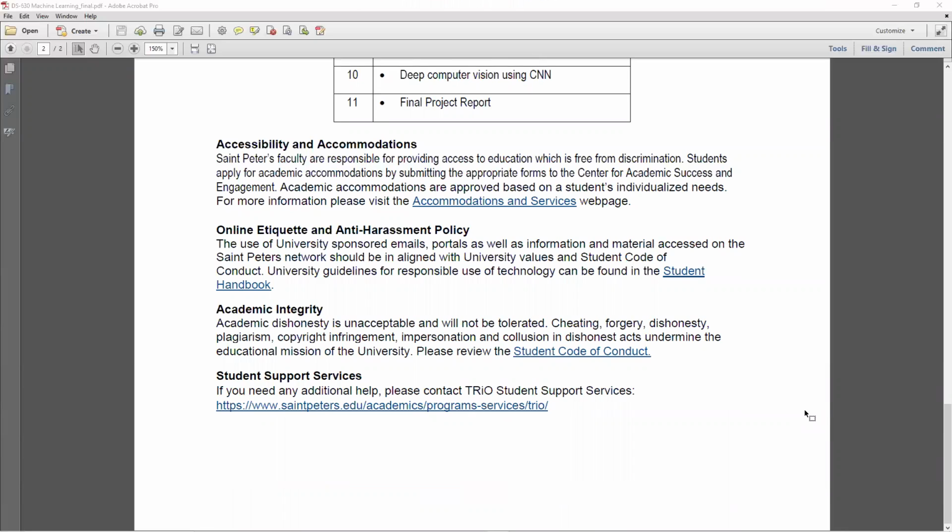So here are the basic rules for the school. I also want you to be aware that you should definitely follow academic integrity as specified in the university policy. It's important to make sure that you don't do anything like cheating, forgery, dishonesty, plagiarism, copyright infringement, impersonation, and collusion in dishonest acts that undermine the university's education mission.